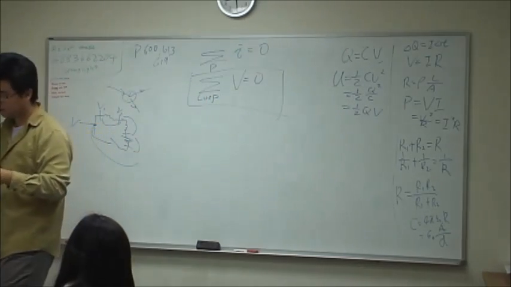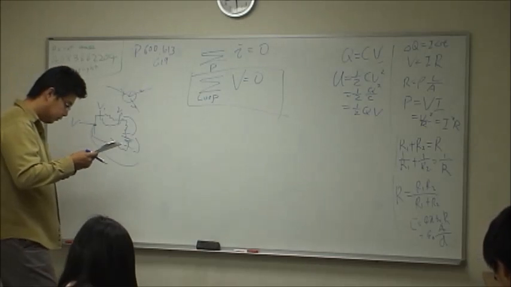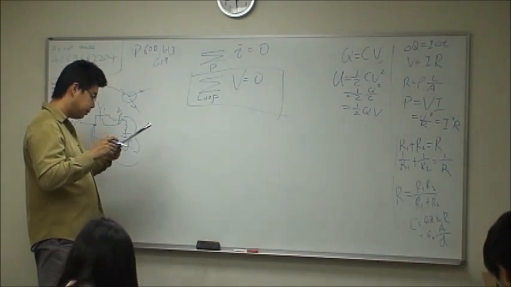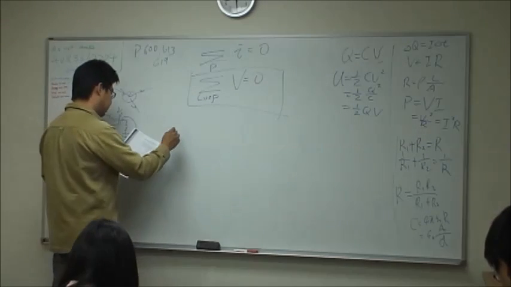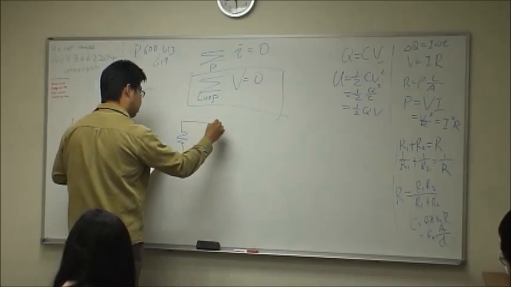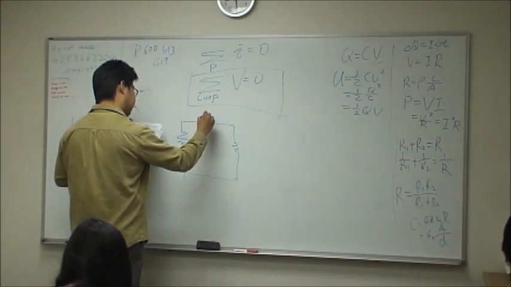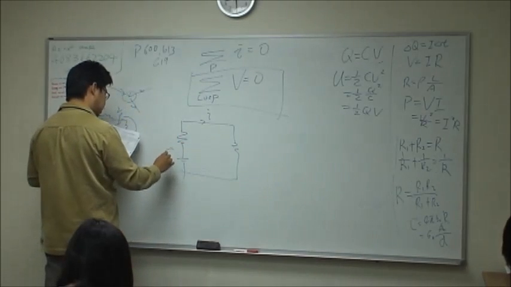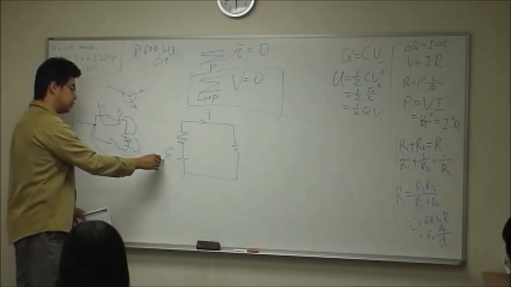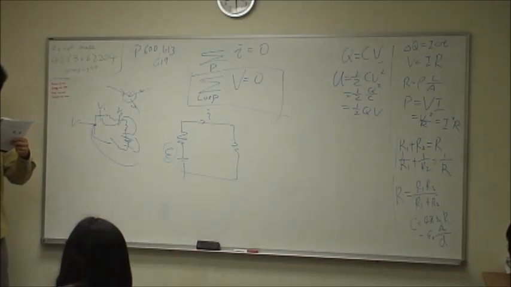It says the sum of current is 0 at a single point, and the sum of the voltage is 0 for a loop. Okay? So the first equation tries to tell you, if you look at figure 28-4 on the leftmost, let me try to draw it. There is current I. First there is energy epsilon, that's the voltage. Sometimes we use V, sometimes we use epsilon, because this is the so-called EMF, electromotive force.